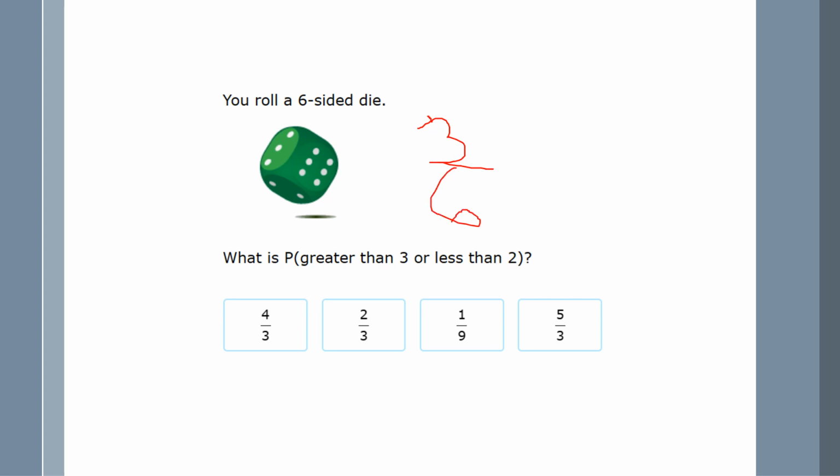And remember, because it's or, it means plus. If it's less than 2, that's just 1/6. So 3/6 plus 1/6 is 4/6, and if you simplify 4/6, you get 2/3. So if you did this on your own, good job. I know I should have told you to pause the video if you had not done so, but I trust that you got it down to a science.